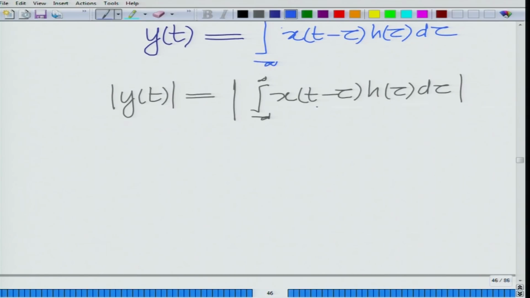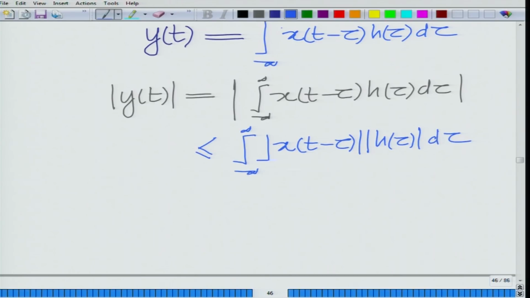Now, the magnitude of an integral is less than or equal to the integral of the magnitude of the quantity being integrated. So this is less than or equal to the integral of magnitude x of t minus tau times magnitude h of tau d tau, but magnitude x of t minus tau is less than or equal to c, because this follows from the bounded input property.